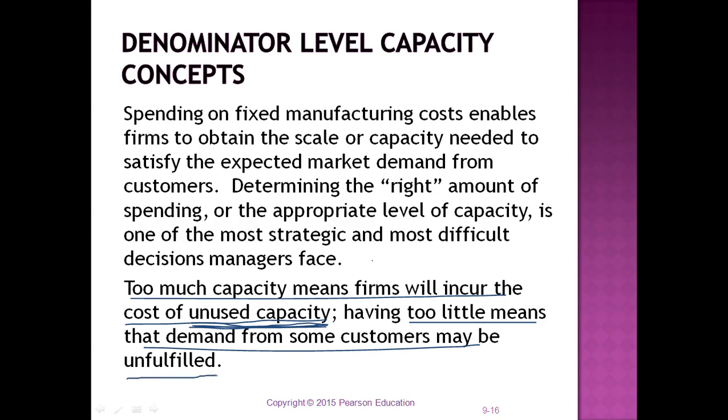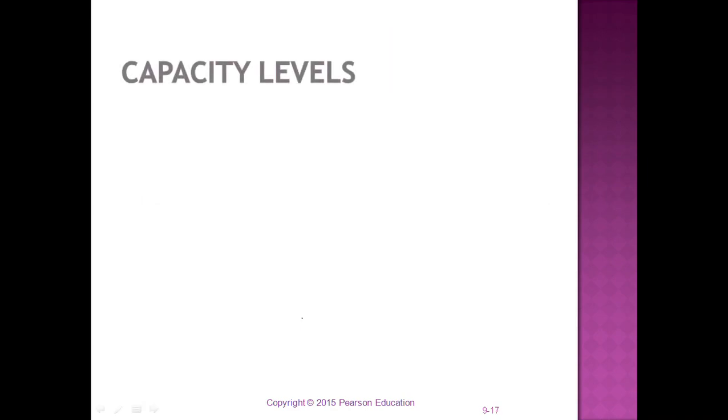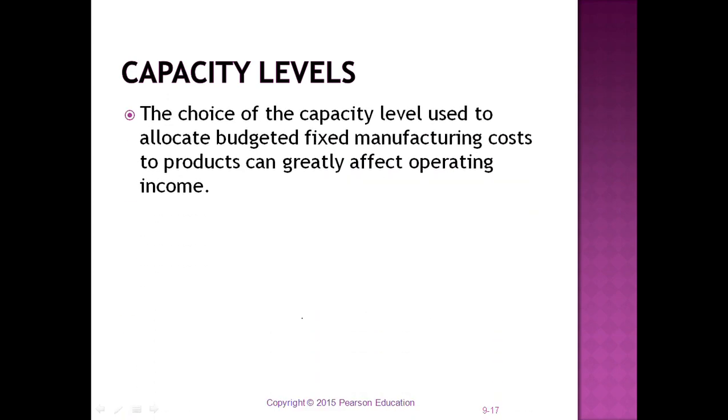This is also harmful, because then you are losing the opportunity to fulfill the demand of your customers and make profit out of that. Thus, for the manager, defining a proper level of capacity becomes very important. Don't you agree? So with this topic, let's go ahead and talk about the various capacity levels that the managers need to define as they operate in their businesses.